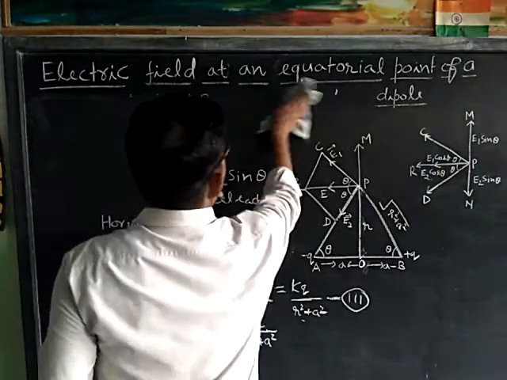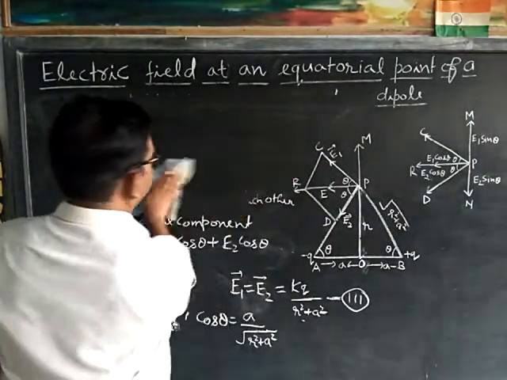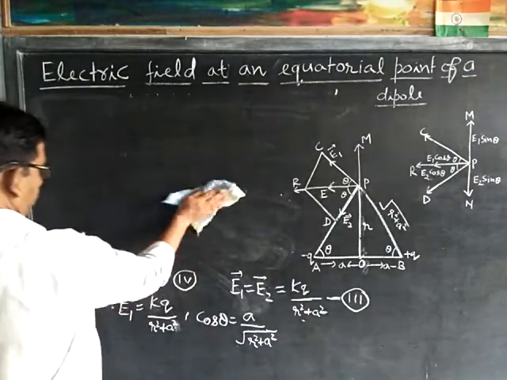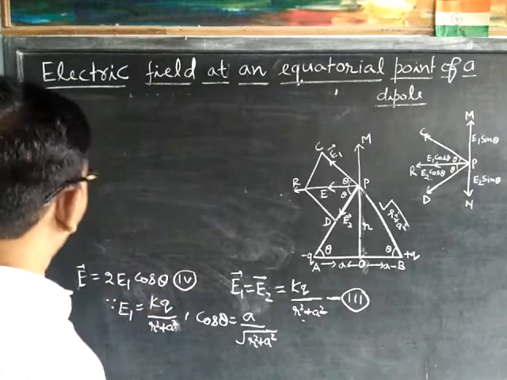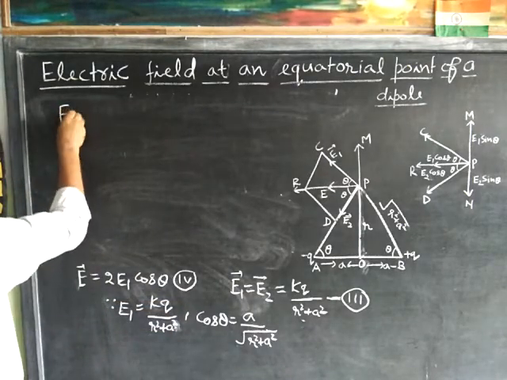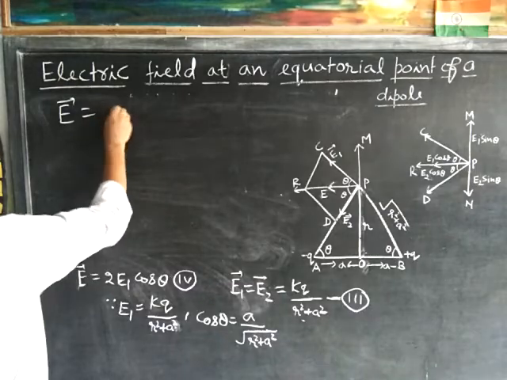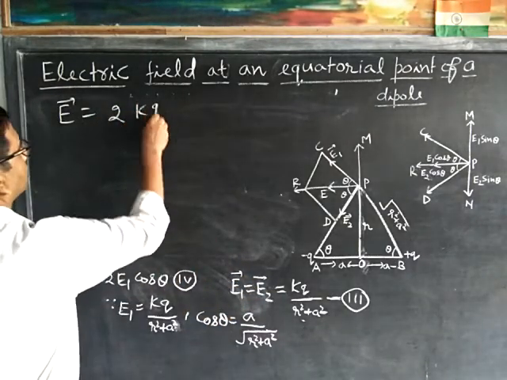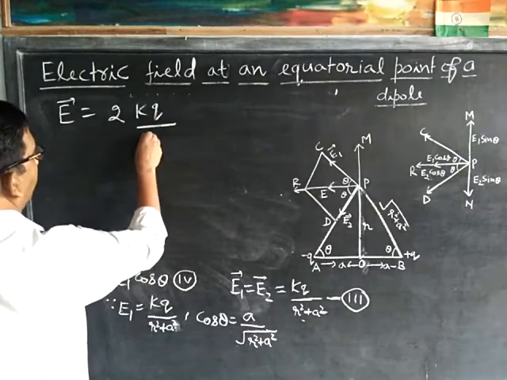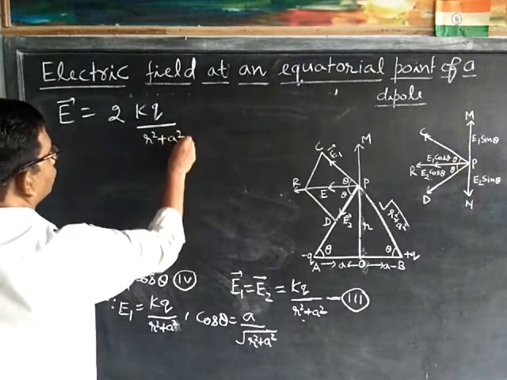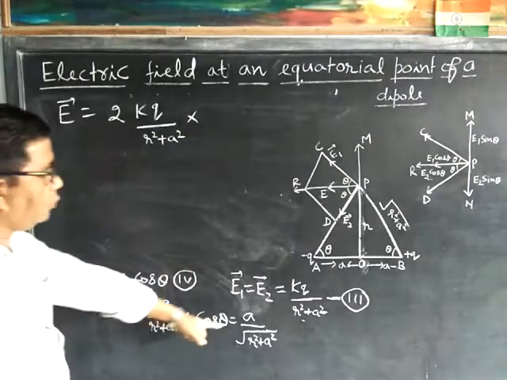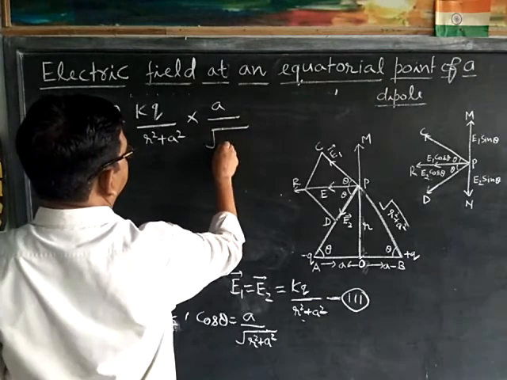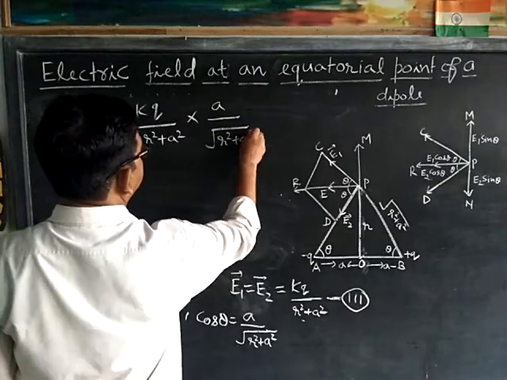We will put the value of E1 and cos theta in equation 4. Therefore E is equal to 2KQ upon R square plus A square, and cos theta is equal to A upon under root R square plus A square.